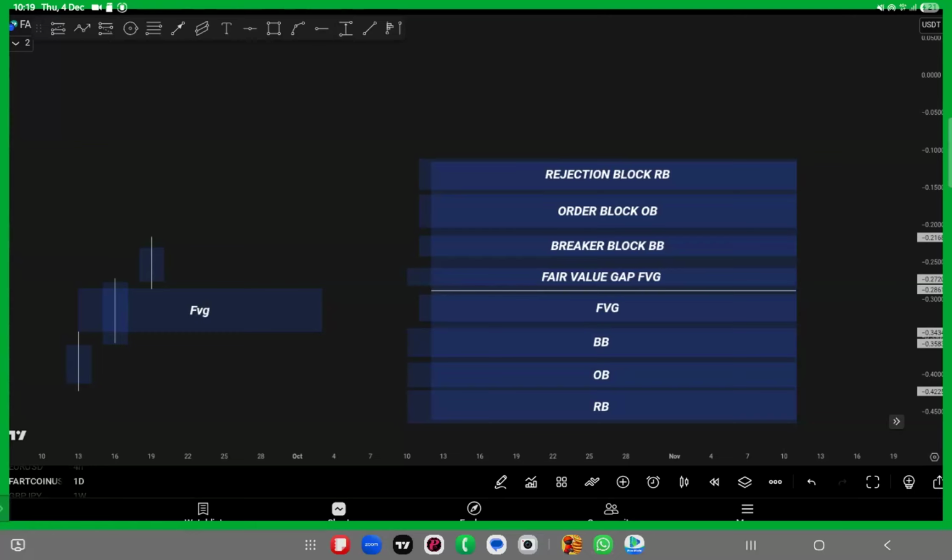Now, what is volume? Volume is basically the total value of the orders that are being filled. More or less, we're talking about the total money, the total amount of orders being filled in the market.